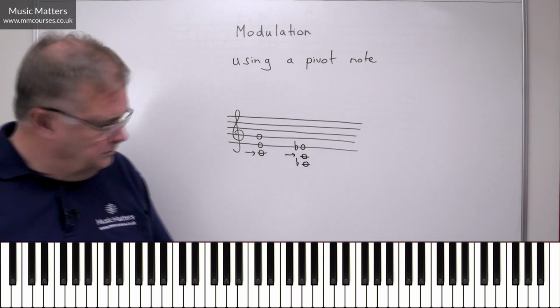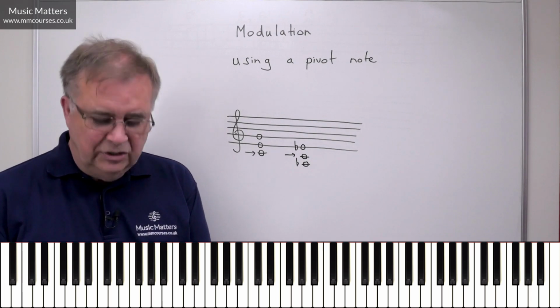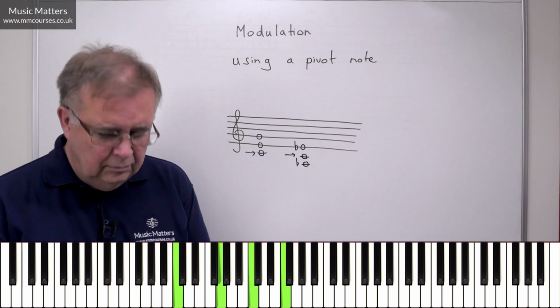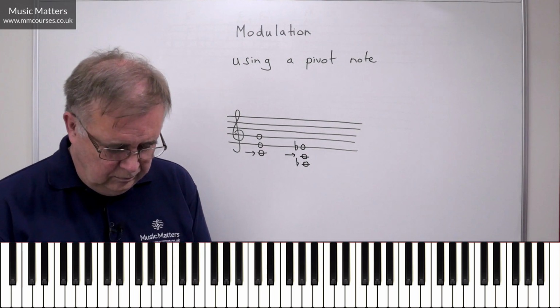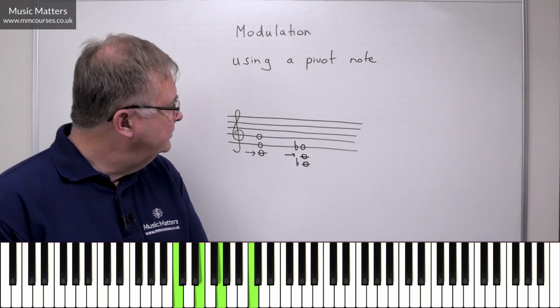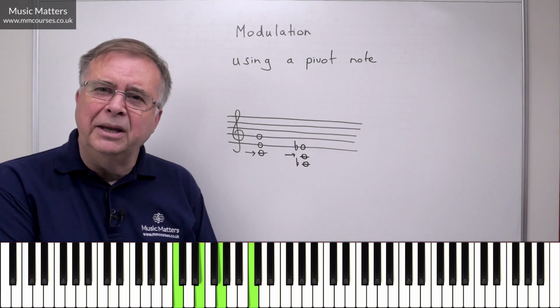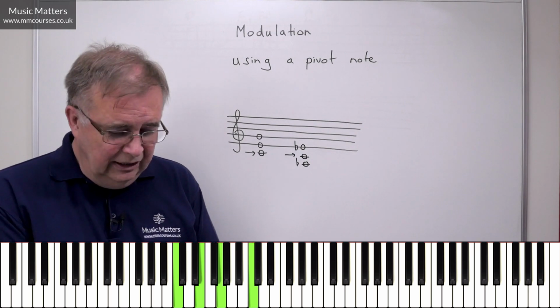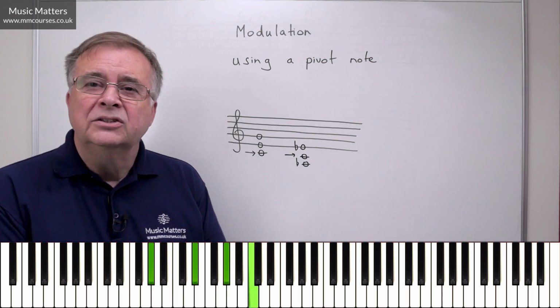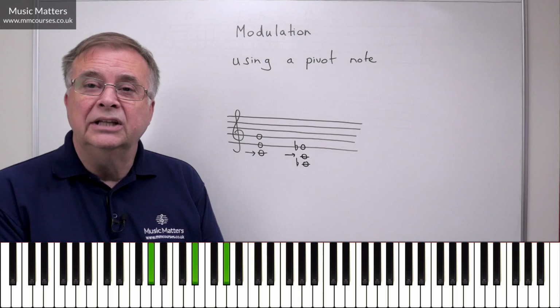So I'm quite happily playing along in C major. And then I think, I'd quite like to go to A flat major now. So I use that C and I say, well, here's a chord of A flat major. So do you see how that happens just by using that note?